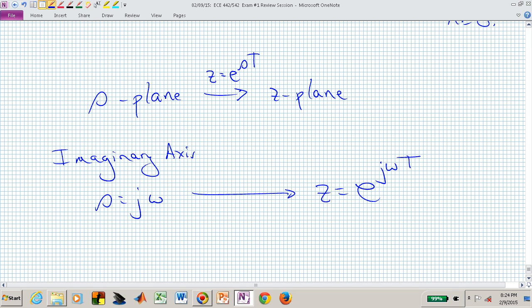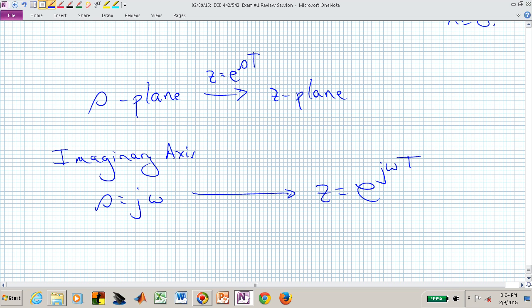So the S-plane and the X and Y axis, we have the real part of S and the imaginary part, just like we use the same terminology in the Z-plane. But now, if you had a positive right half plane pole in the S-plane, what does that do in the Z-plane? Where does that map?